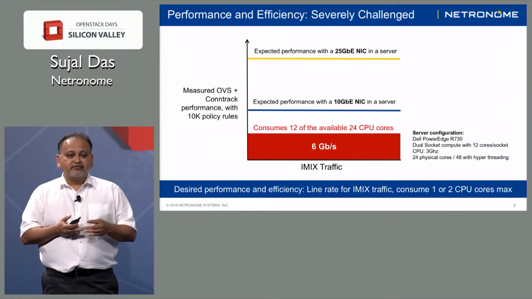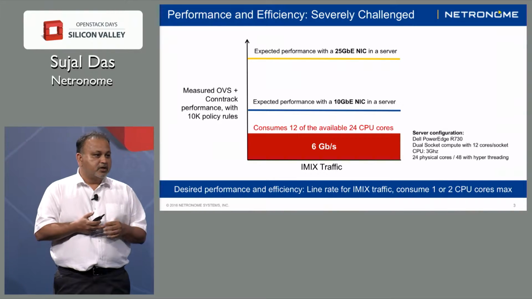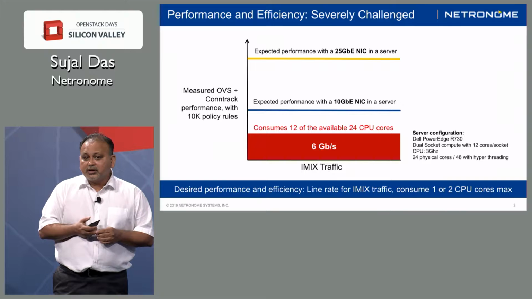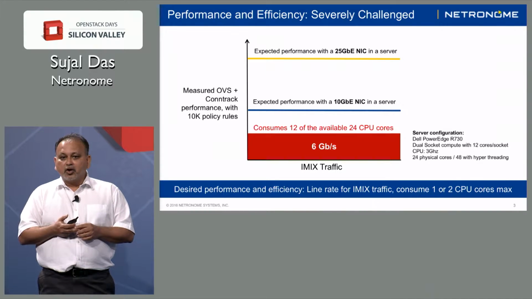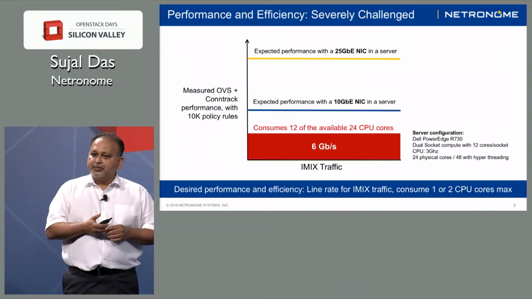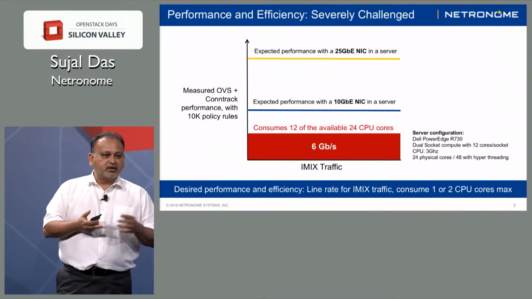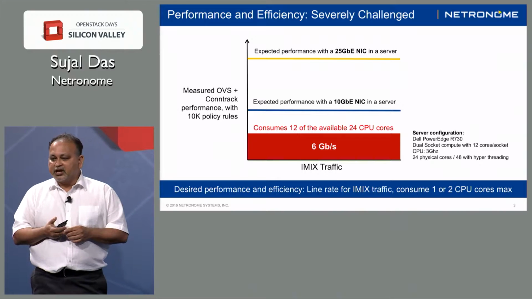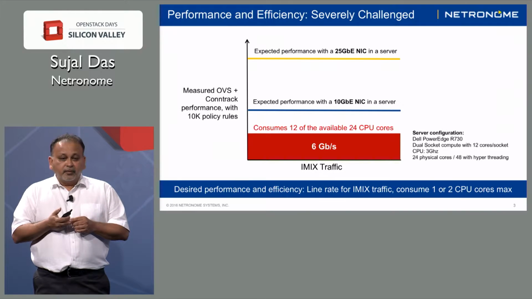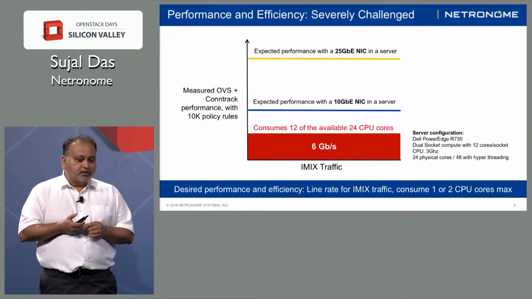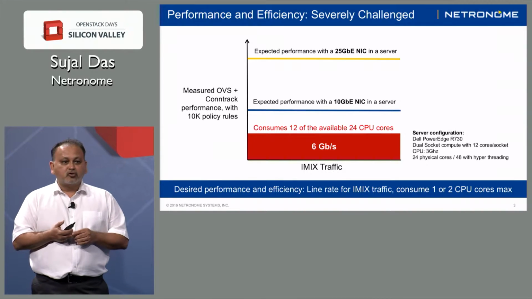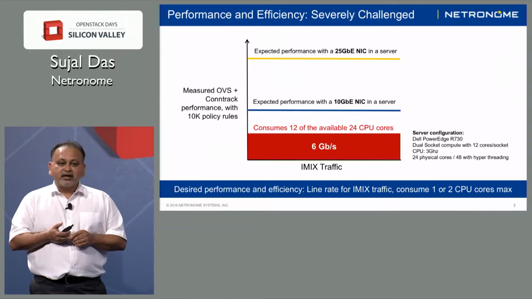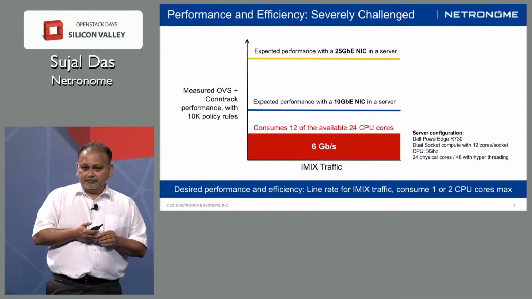So this is a significant performance impact, not only seen by the VMs, but also in terms of the efficiency of the server and the number of VMs you can deploy, essentially taking away the CPU cores that you might be using for revenue-generating VMs and applications. Ideally, you'd like line rate performance and to consume no more than 1 or 2 CPU cores for OVS control plane processing, but that's not the case with OpenStack and zero trust security today.